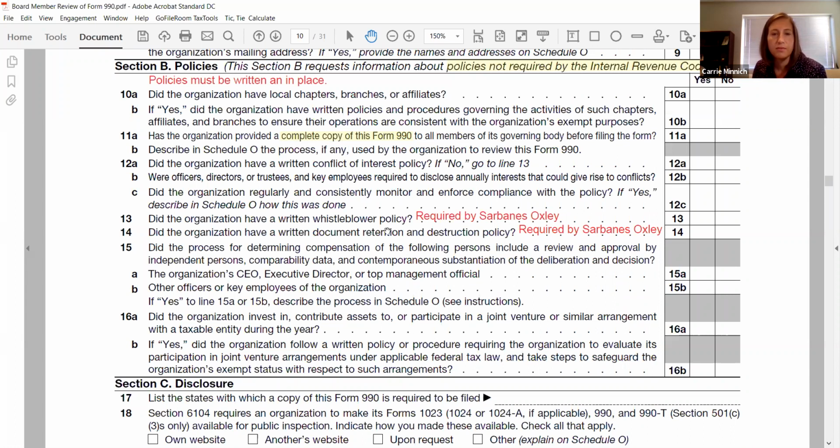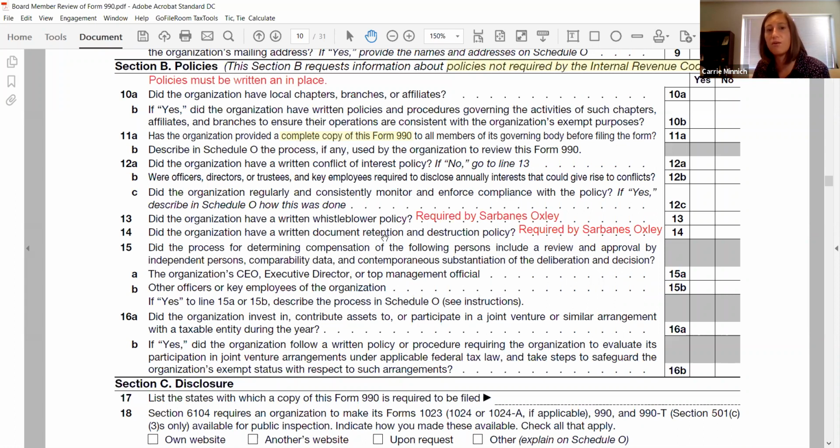The next two items, the written whistleblower policy and the document retention and destruction policy, are two policies that, while they're not required by the IRS, they are required by Sarbanes-Oxley. So the whole Enron situation that happened about 20 years ago, 2001, they required certain policies to be implemented by for-profit businesses.